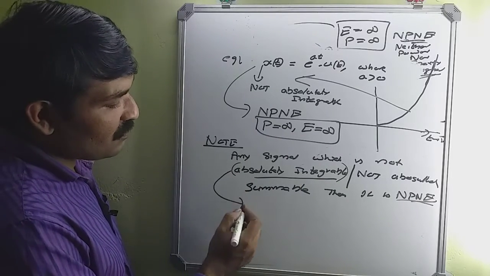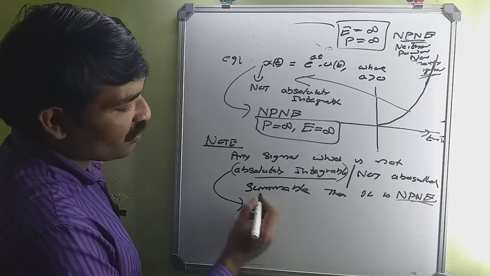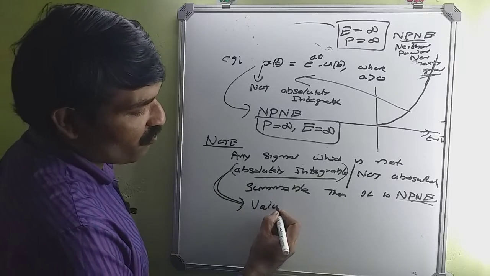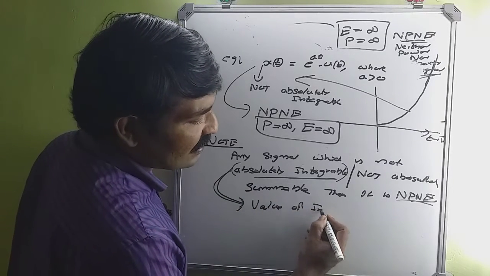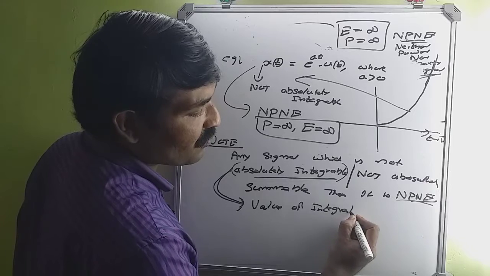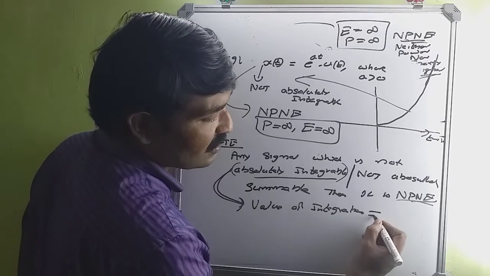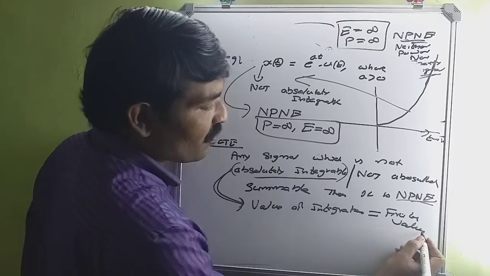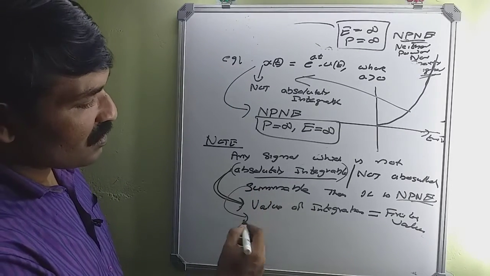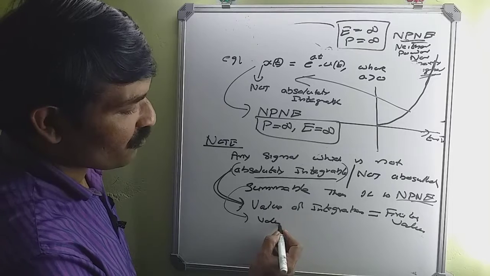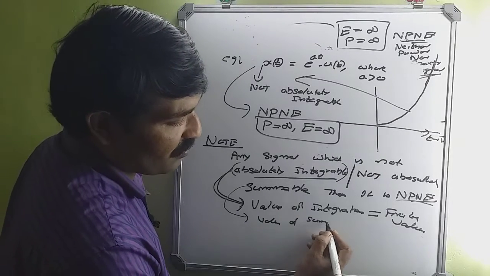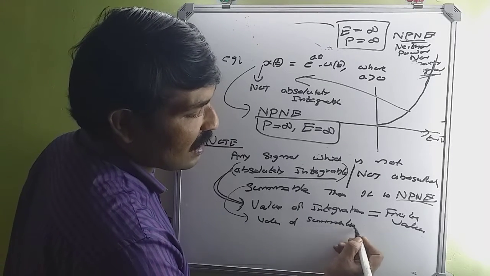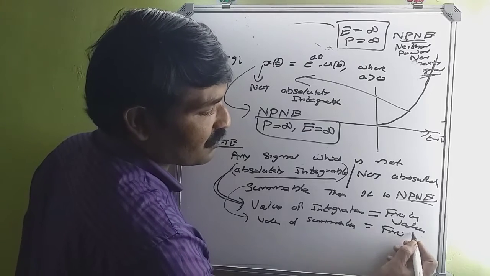Absolutely integrable means, what is absolutely integrable? Value of integration becomes finite. That is equal to a finite value. Absolutely summable means the value of summation is a finite value.